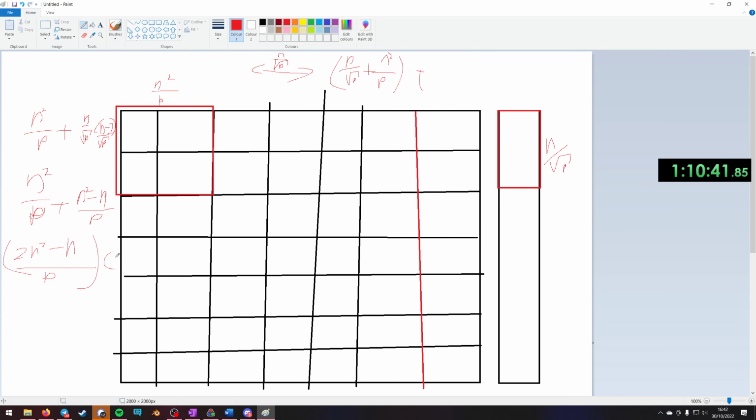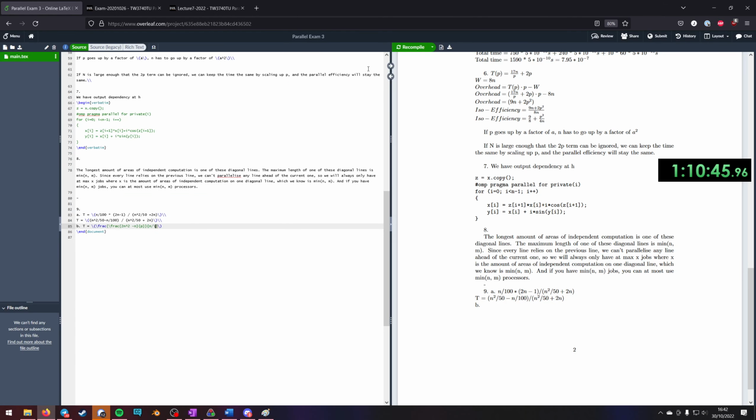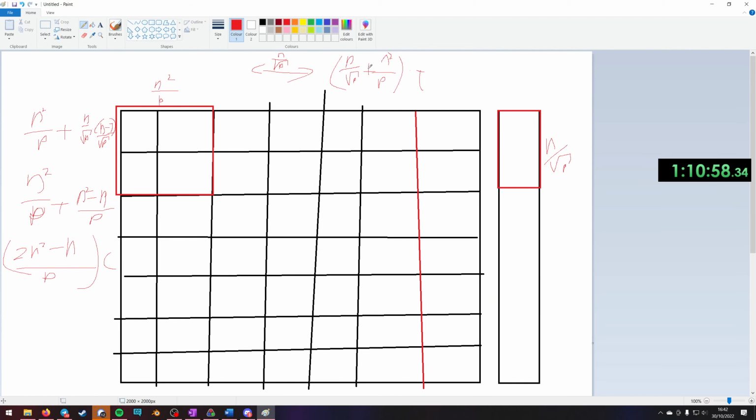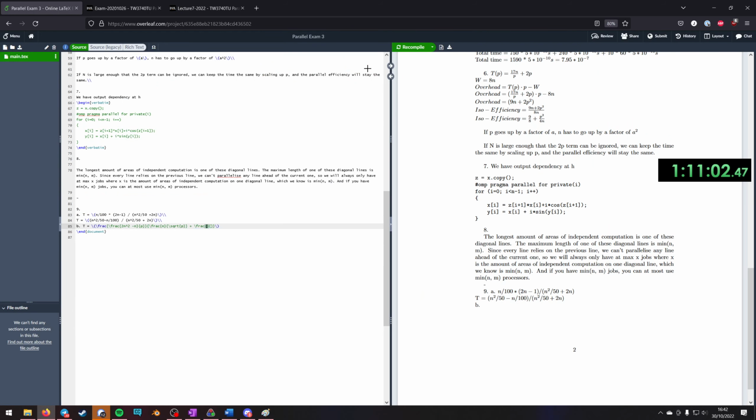And the communication time is up here: n over square root of p plus n squared over p, and then that entire thing times 2.